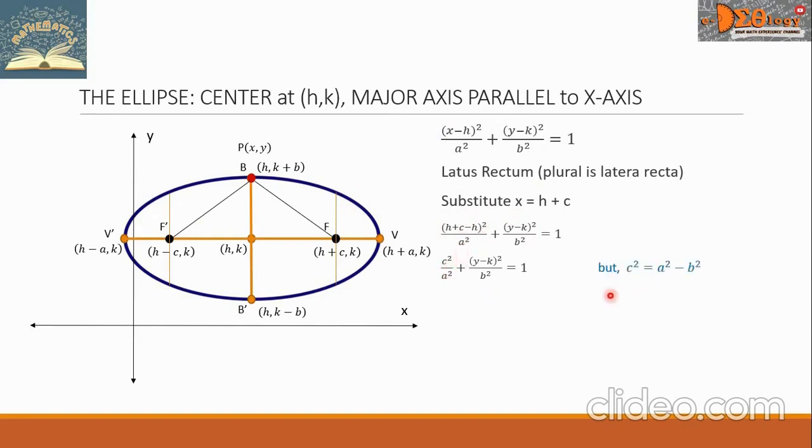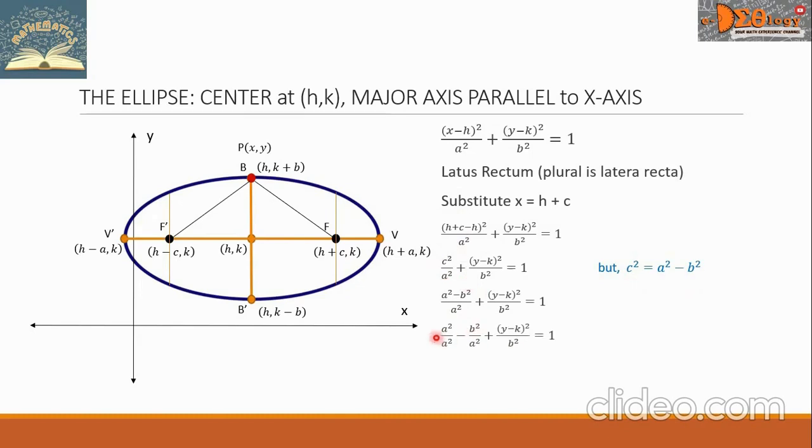In our Pythagorean relation, we can deduce that c squared equals a squared minus b squared. It means we can change the c squared here into a squared minus b squared. So here we go. And from here, we will distribute the a squared to each term of the numerator.